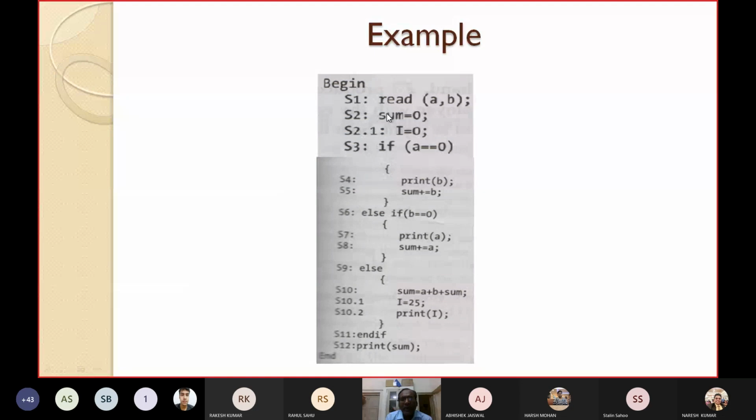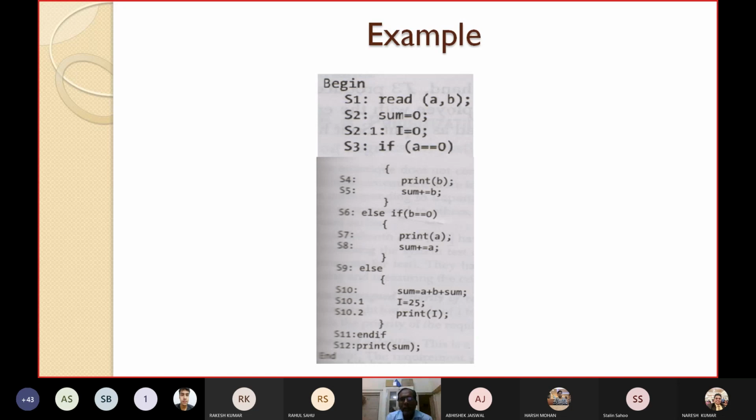So my dynamic slice for sum will include which statements? S1, S2 and which one? 10 and 12. Because I am making a change in line number 10, what statements will be affected? It will affect line number 12.